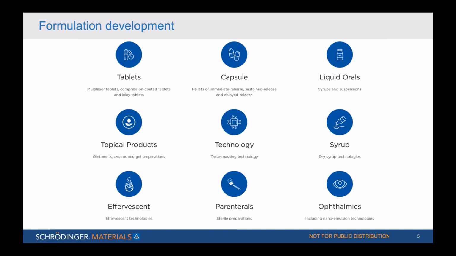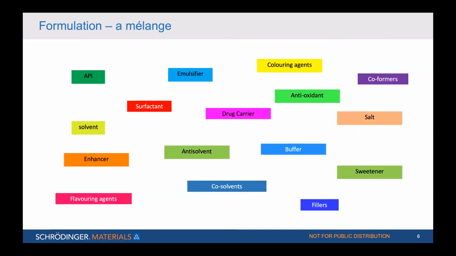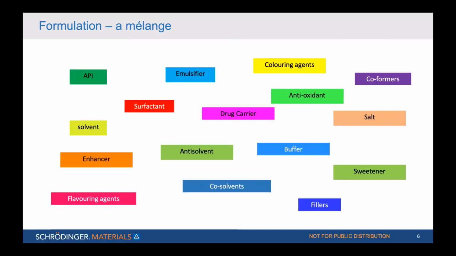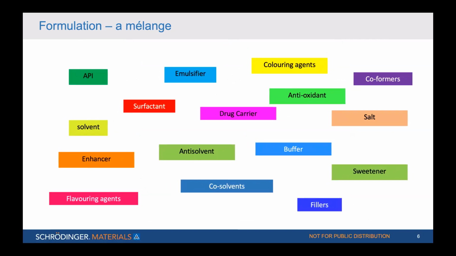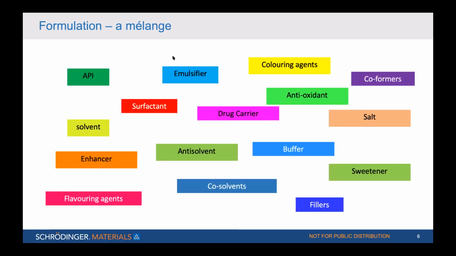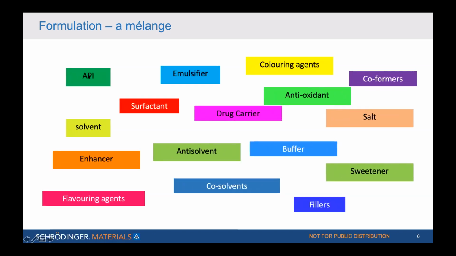So when we speak about formulation development, usually they come up with some kind of problems. Why? Because drug discovery is a holy grail problem. We are trying to find one molecule potentially that can bind to the given target structure, right? So that's only the API molecule. The API molecule designing is now becoming a simpler problem because of the computational tools.